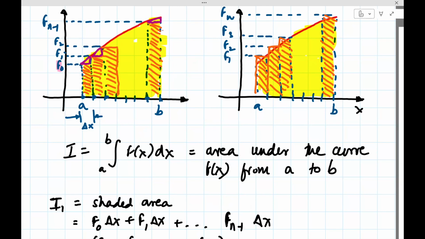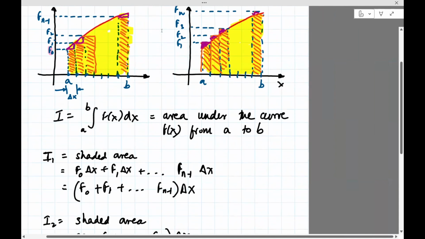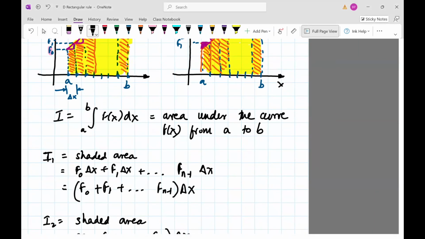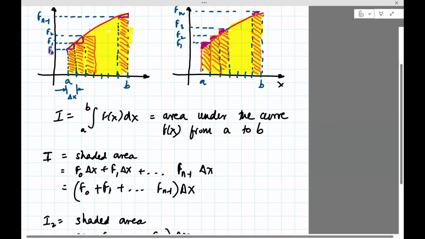Here is a different problem. Here, instead of being under the curve, we are overestimating it. So we are including this area, which should not be part of the area under the curve, right? This is outside the yellow region. So what we'll observe is that this one is actually going to give us a lower bound.